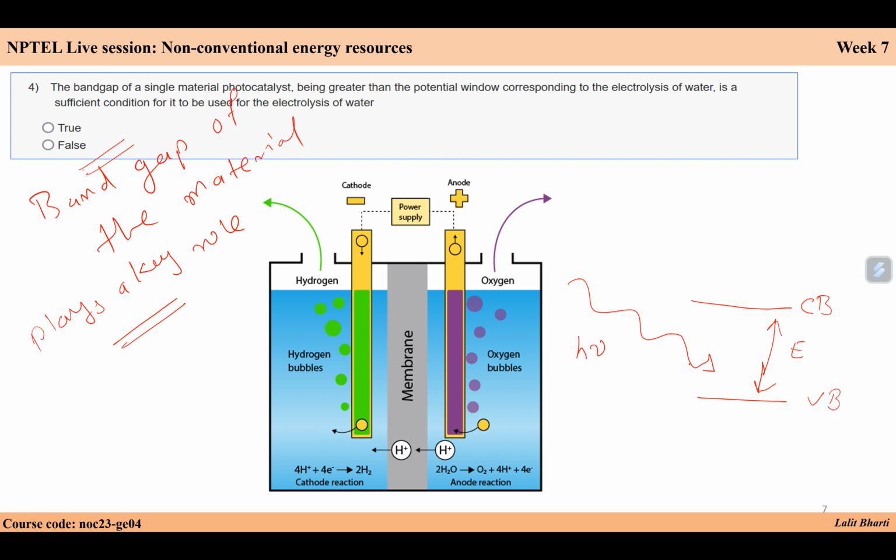This photon needs to be absorbed by the material, so that an electron can go from the valence to the conduction band. This h nu should be comparable to the band gap E.